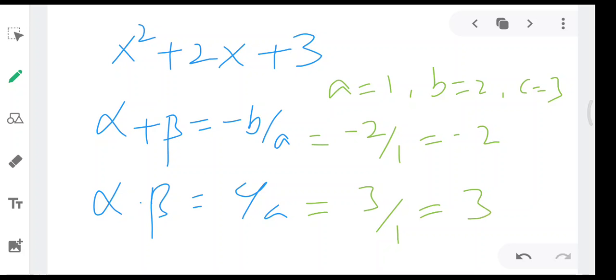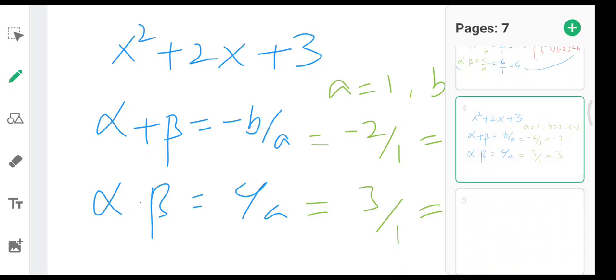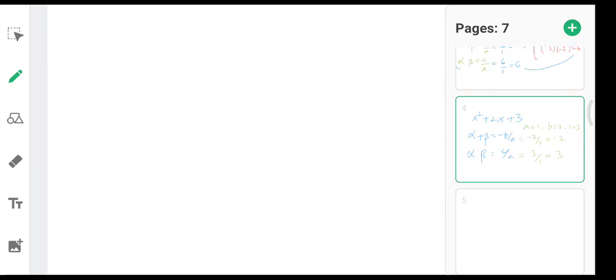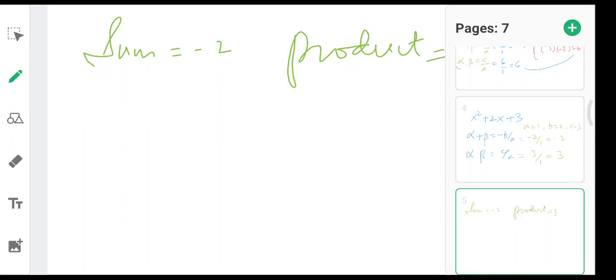Now imagine the sum and product of the zeros are given to you: the sum is given as minus 2 and the product of zeros is given as 3. This same question I am taking.